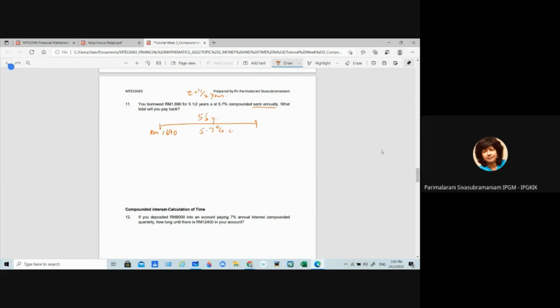They're asking you here, what is the future value? This amount is what you're going to pay back, the future value. So just put into the formula and calculate, same thing. You will get RM2302.15.